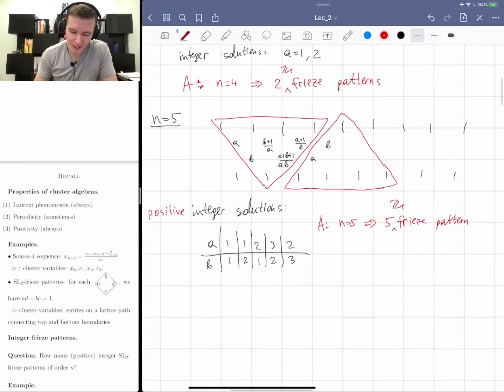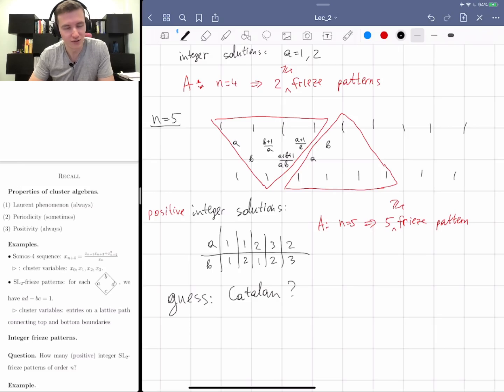Okay, now do you have a guess? What is going to be the answer for general n? It is not a power of 2, as you can clearly see. There is a 5 in here. So another guess is that there are Catalan many frieze patterns.